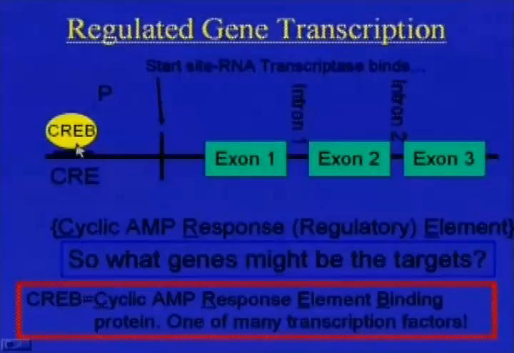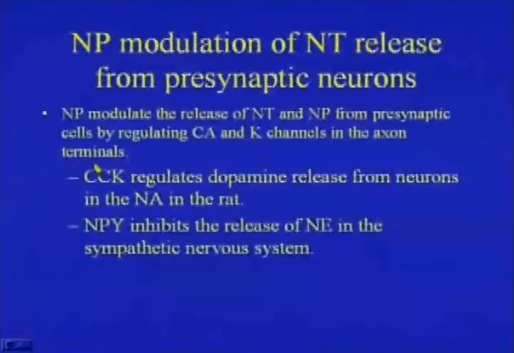So it's through transcription factors that metabotropic effects of peptide receptors, peptides through their receptors, can impact gene expression or the synthesis of neurohormones, or whatever the gene product might be. It could be a synthetic enzyme for a neurotransmitter.